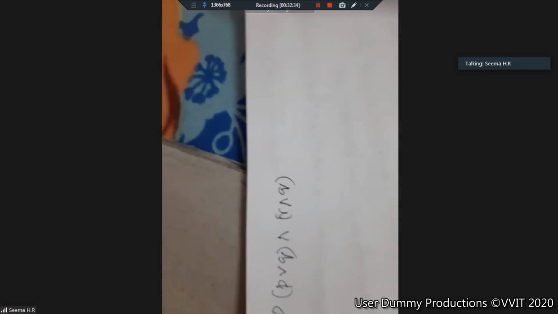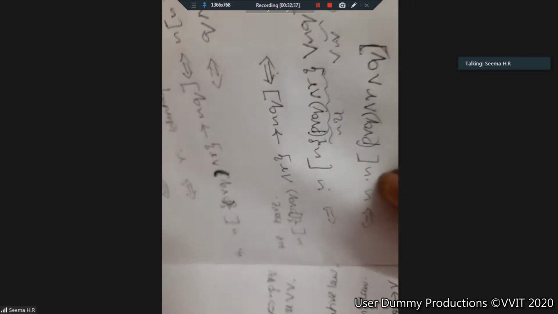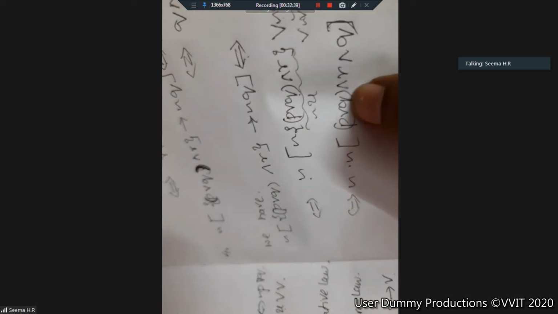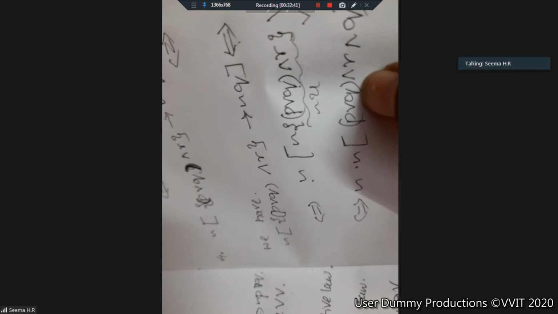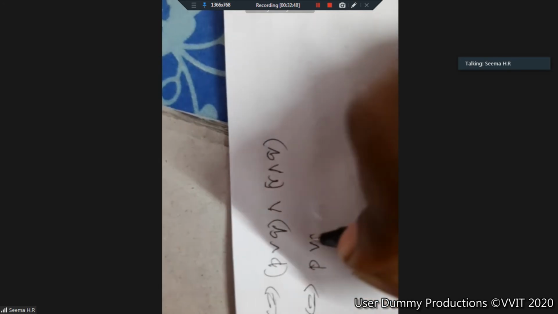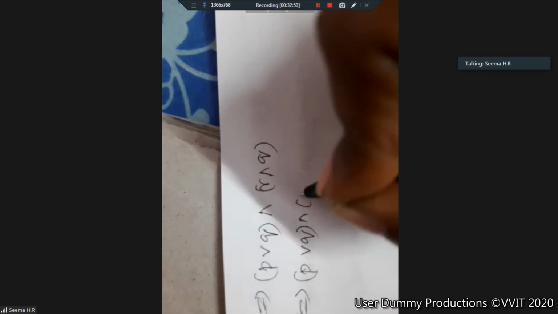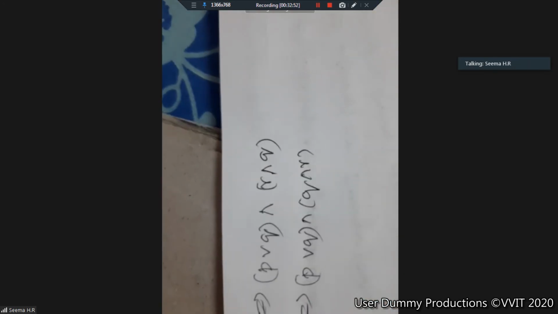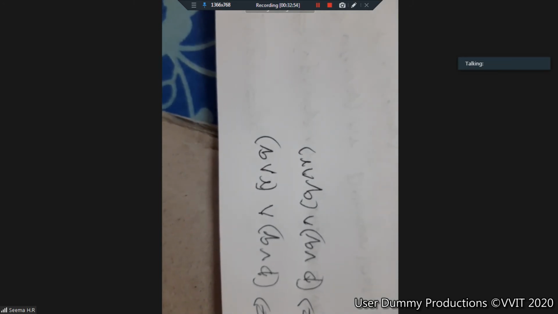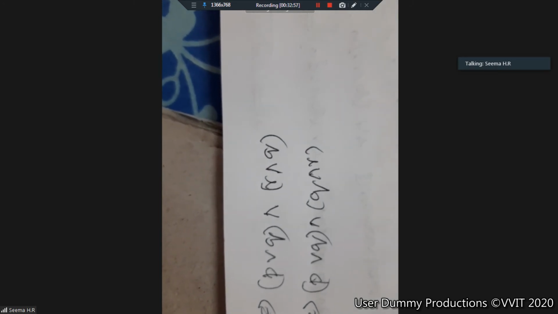So we are left with P or Q and R, and Q. Now what I am going to do here is I'll be just writing this as P or Q and Q and R. Is it okay?